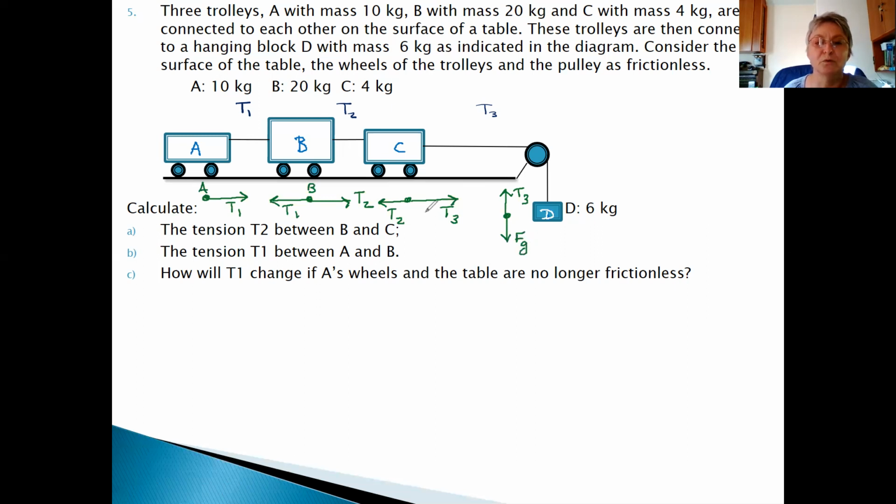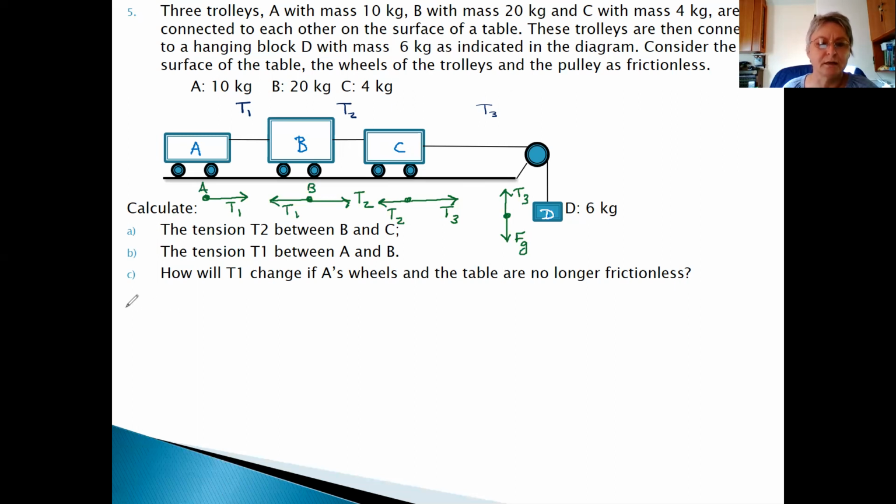I'm going to ignore the vertical forces on A, B, and C, because the gravitational force and the normal force for each of those would be in equilibrium. They're not going to be involved in building our equations.